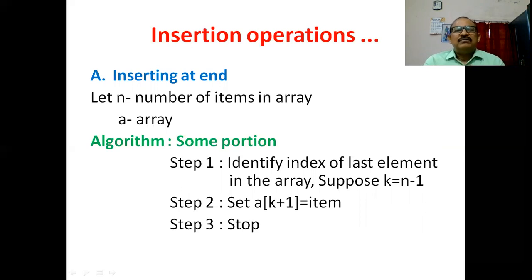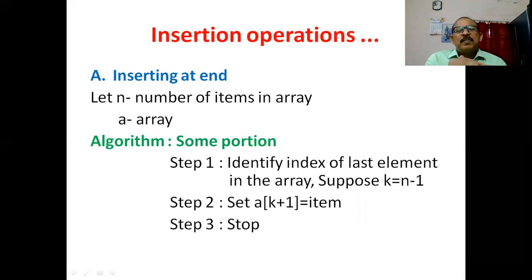Very simple. If you know the number of items in the array, simply in the C language, the total number of items in the list minus 1 gives the index of the last element.